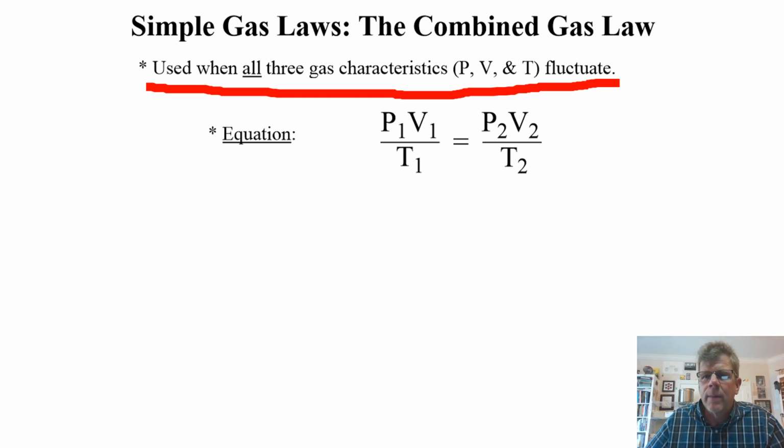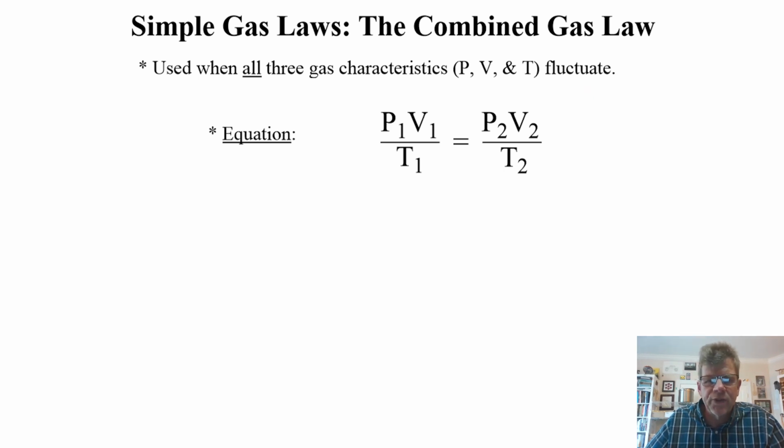Combined gas law, because it combines ultimately Boyle's law, pressure and volume in an inverse relationship, and Charles' law, volume and temperature in a direct relationship. It really puts them together, which is fine, but we have to be able to recognize from a potential example problem that, well, there's nothing held constant, therefore I'm going to be using the combined gas law.